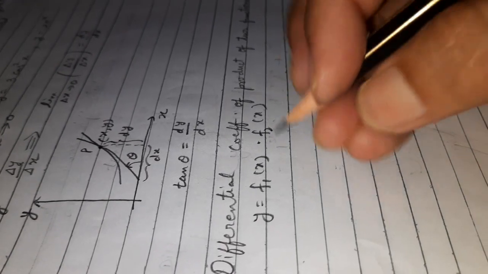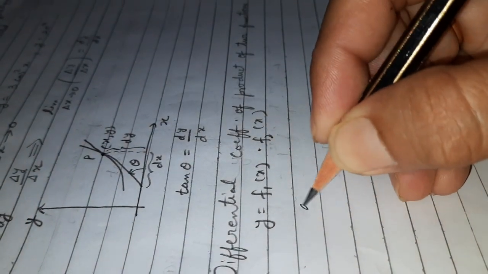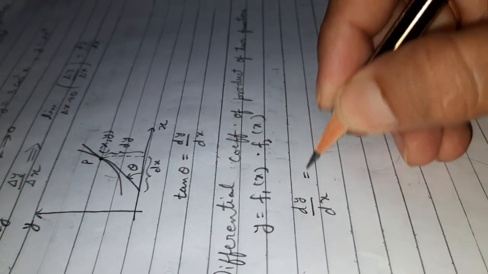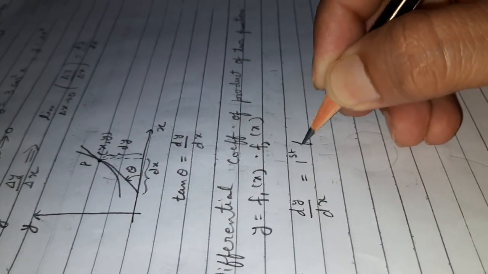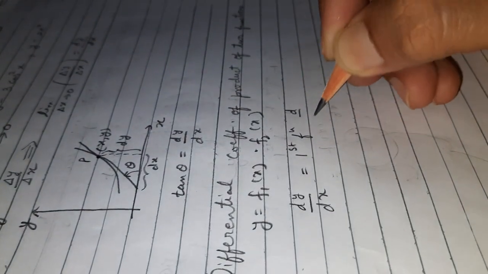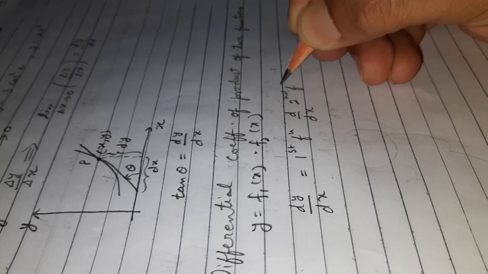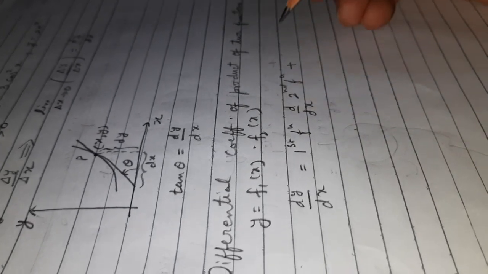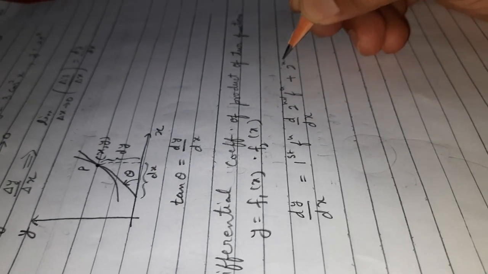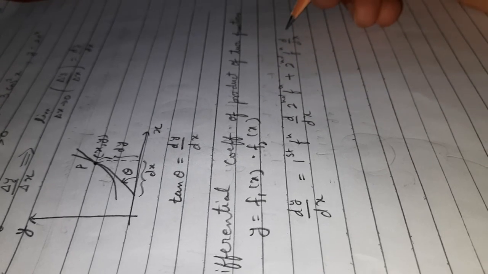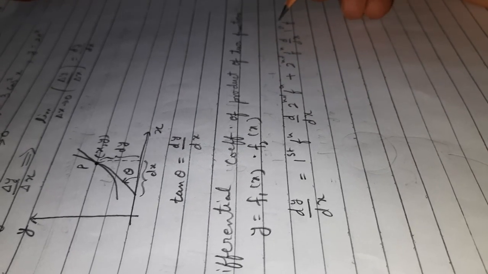Now the differential of this equation, dy upon dx, is equal to the first function times d by dx of the second function, plus the second function times d by dx of the first function.